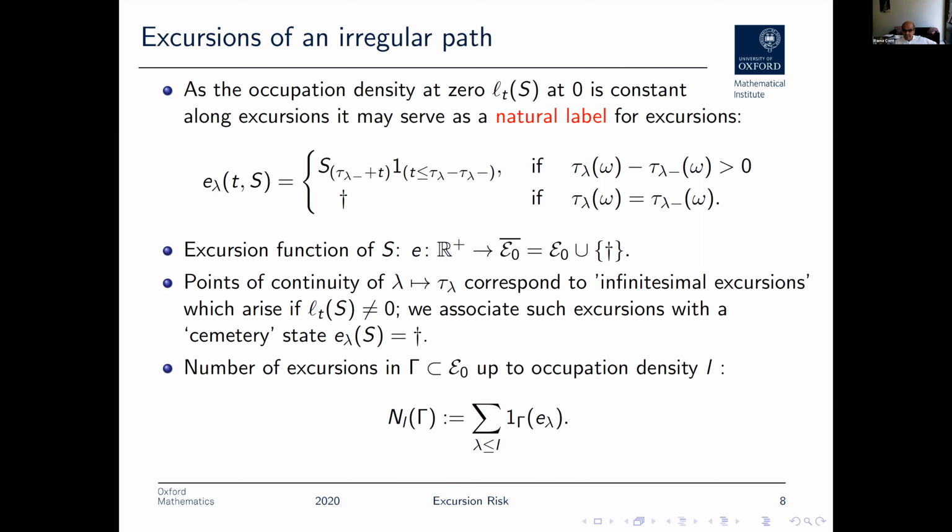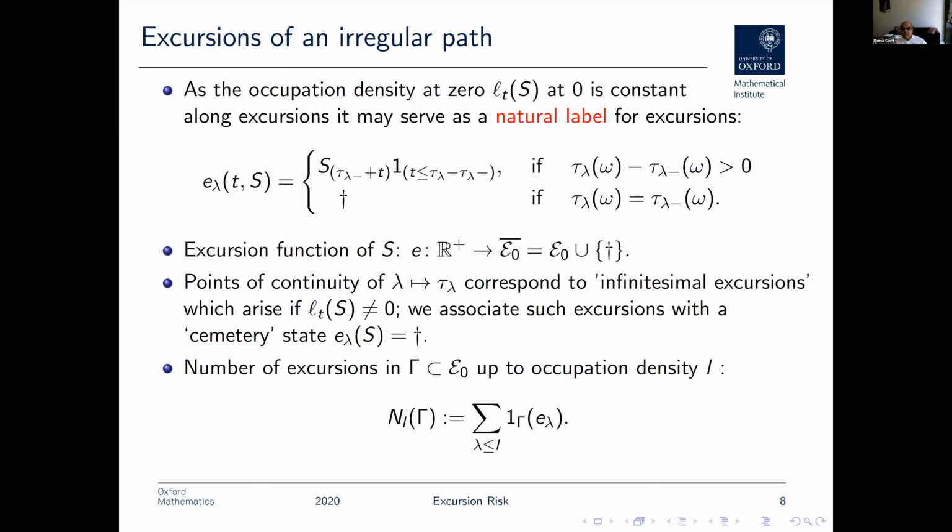Okay, so what does that mean? It means that we can now use this occupation density at zero to label the excursions of our irregular signal. Why do we need this? Because what we did yesterday, we had a finite or countable number of delta excursions, so we could label them 1, 2, 3, 4, n.